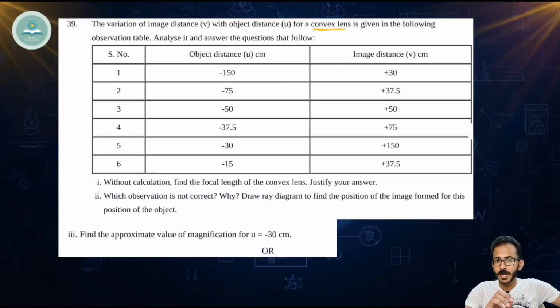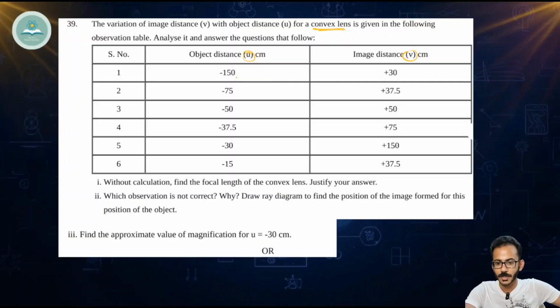When we get a table like this, the first point that we should notice, we should find out where U and V will be the same. We know in the case of a concave mirror, when the object is kept at center of curvature, we'll get the same image also at the center of curvature with the same size. In the same way, when we keep an object at 2f1, in the case of a convex lens, we'll get the image at 2f2 on the opposite side, which is similar to the center of curvature.